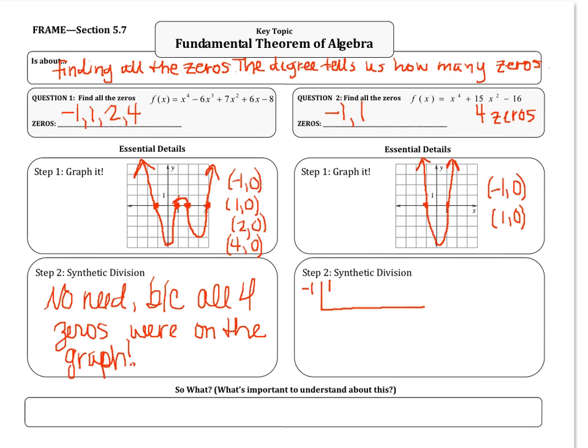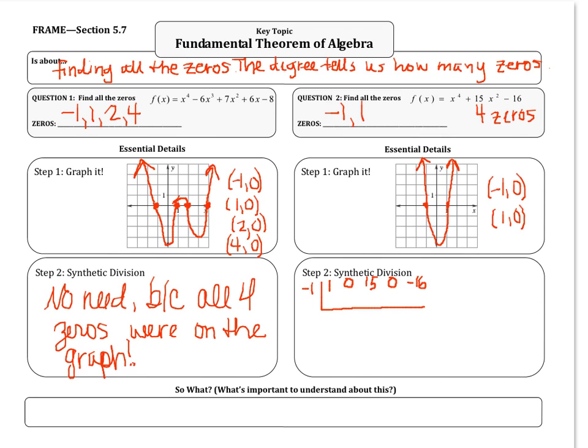My x to the 3rd is missing, so I need to put a 0 in to hold that spot. X to the 2nd has 15, so I need a 15 there. There's no plain x, so I need a 0 to hold that spot again, and then my constant is -16.